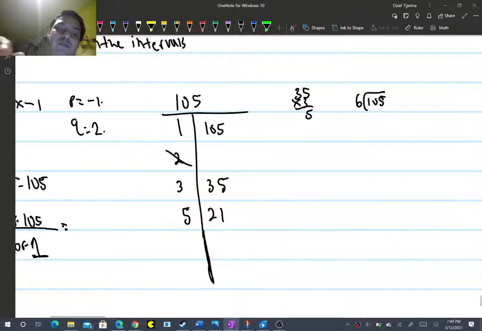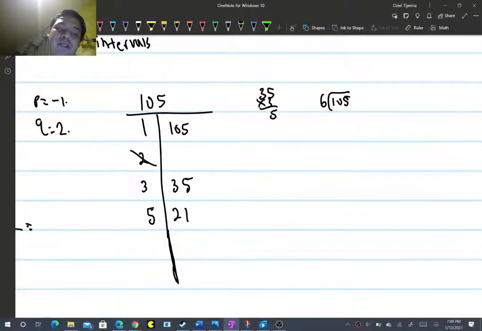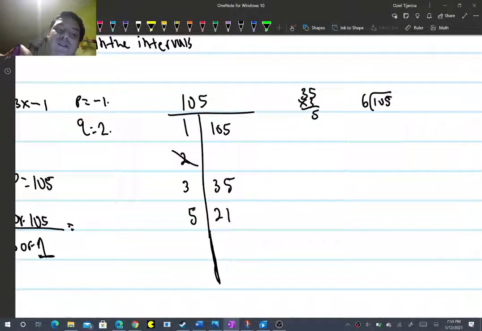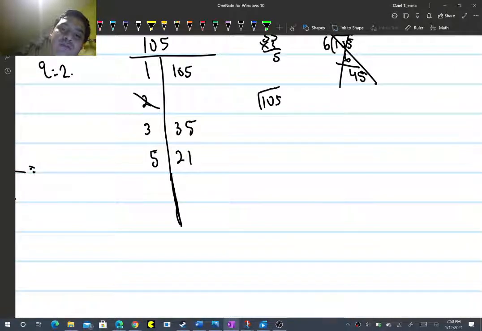I'll explain more once I write them down. But yeah, this is honestly a tedious topic to actually go over. So if we divide it, we get, okay, so this isn't a factor, and then if we do 105 divided by 7, we get 7 and 15.